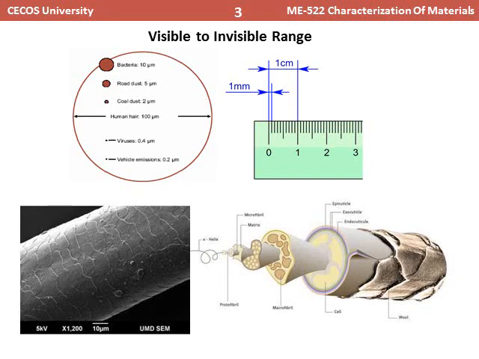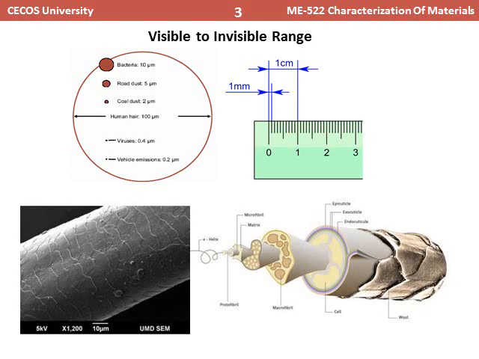So things become very interesting if we see these objects under sophisticated equipment, as an example, scanning electron microscopy. The bottom left image is taken by scanning electron microscopy at a magnification of 1200.